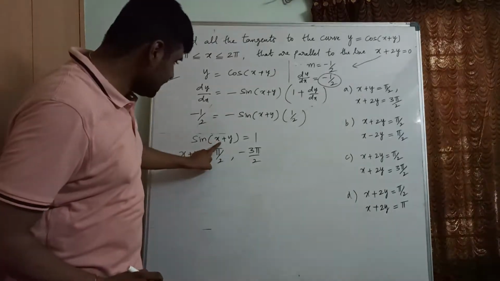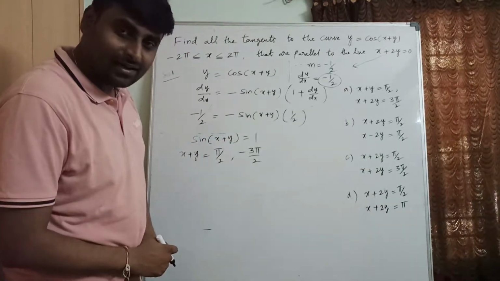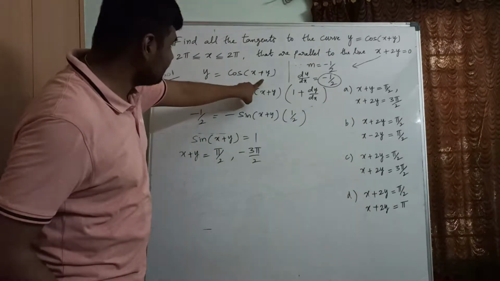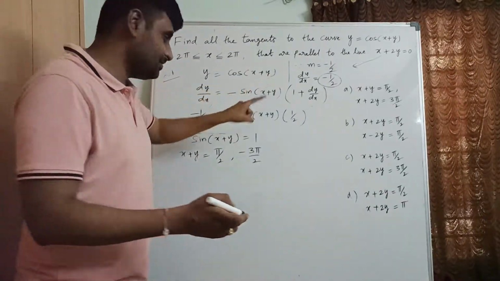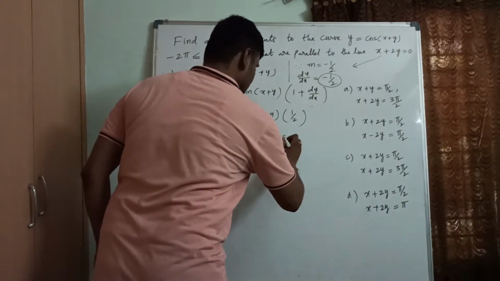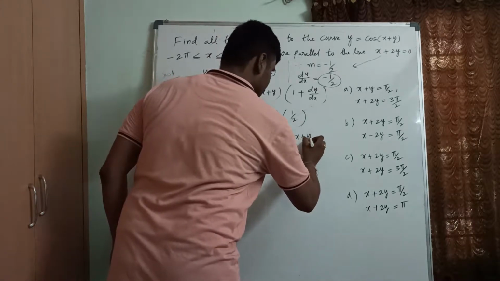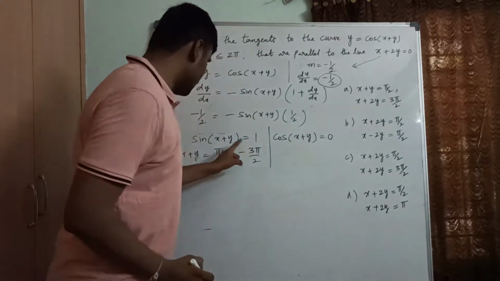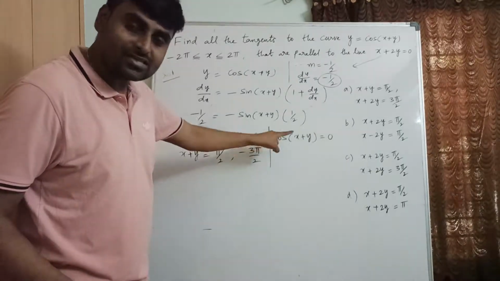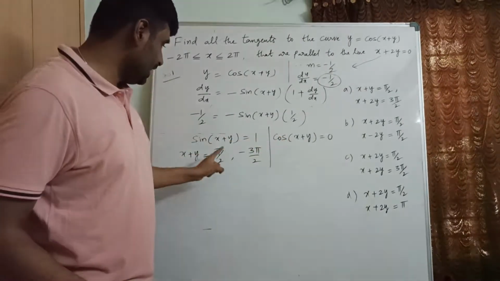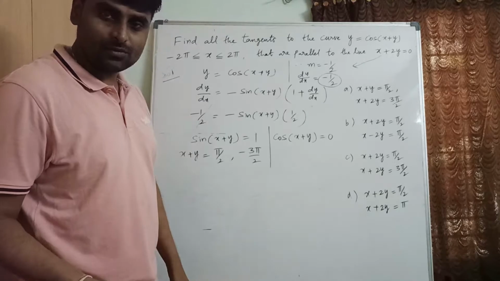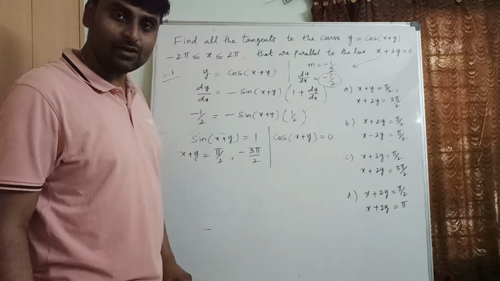Now, whenever sine of x plus y equals 1, what about cos of x plus y, which is the given curve? 0. Correct or not? Cos of x plus y equals 0, because sine 90 is 1 and cos 90 is 0. Similarly, cos of 270 is also 0. Cos of an odd multiple of 90 is also 0.